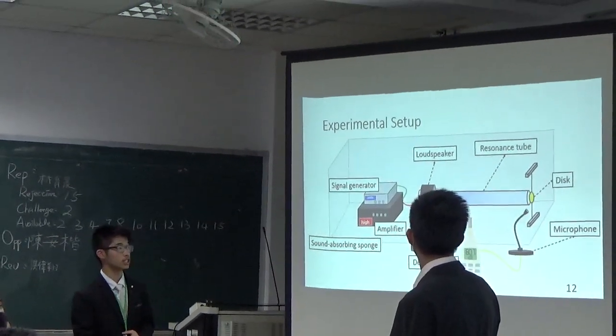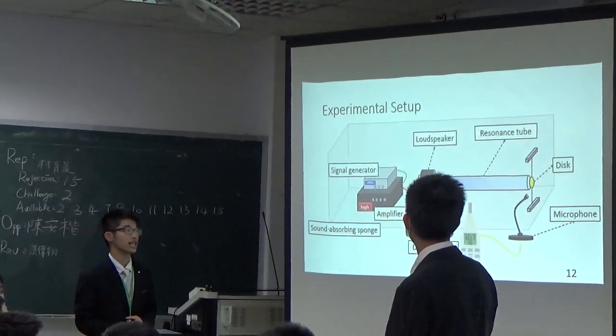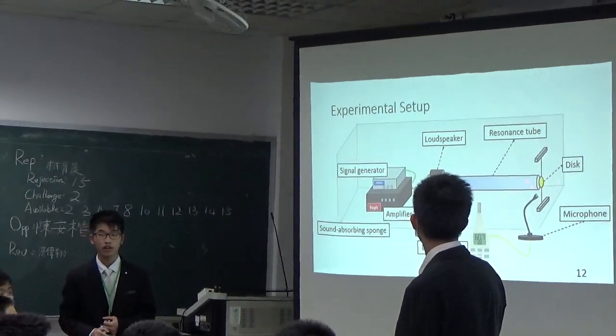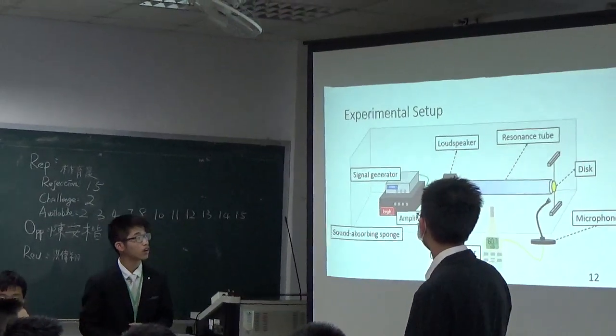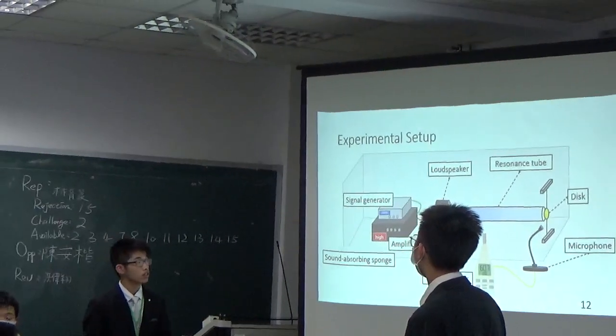Yes, the sound wave just hits it and causes a pressure difference, and we generate some pressure on the disk. Does it always rotate in the same direction, or sometimes in the opposite direction?